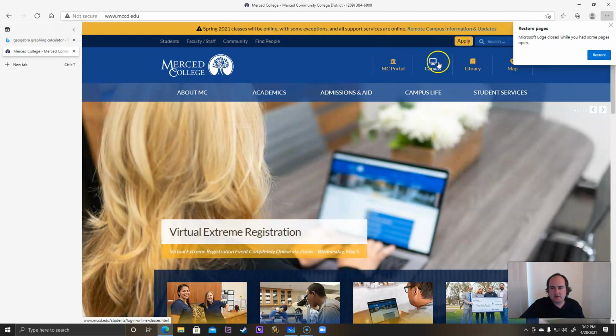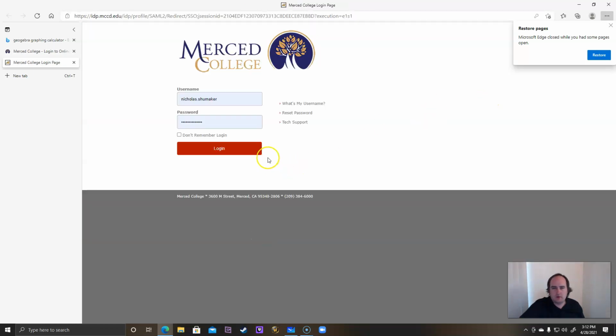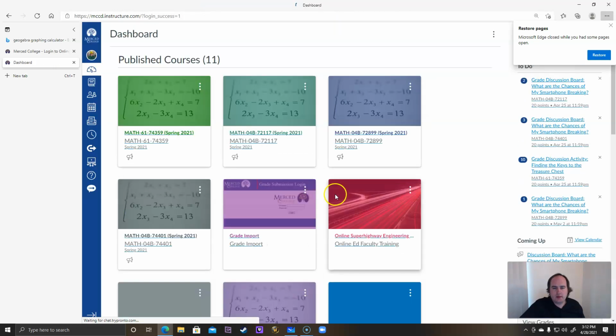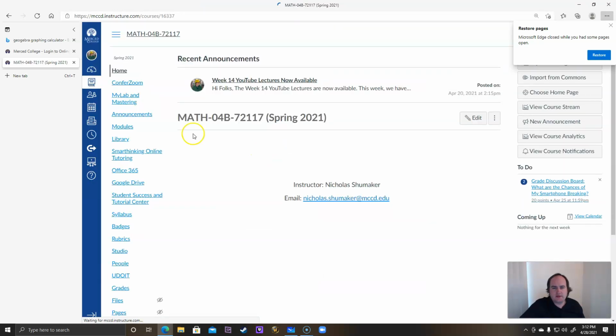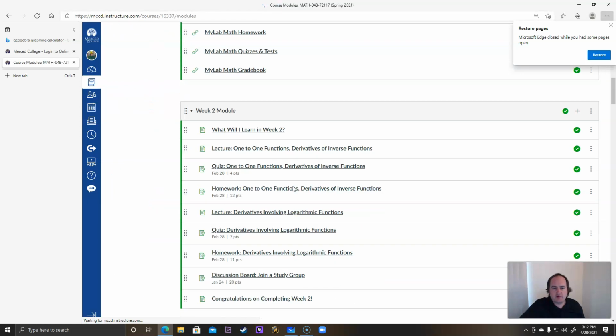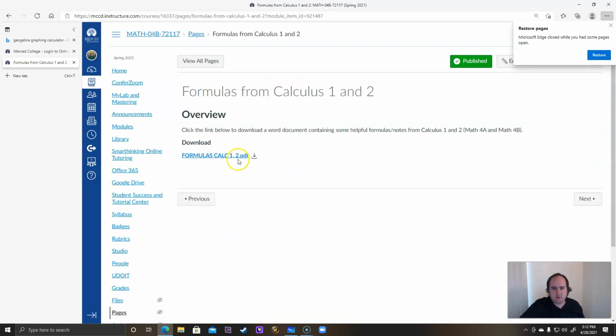I have infinite series on there, and maybe a little bit on the second page as well. But it's usually in your week 2 or your week 3 module, depending on which course you're in. But it's that same formula sheet that I just keep coming back to, because it's really got everything from Calculus 1 and Calculus 2.